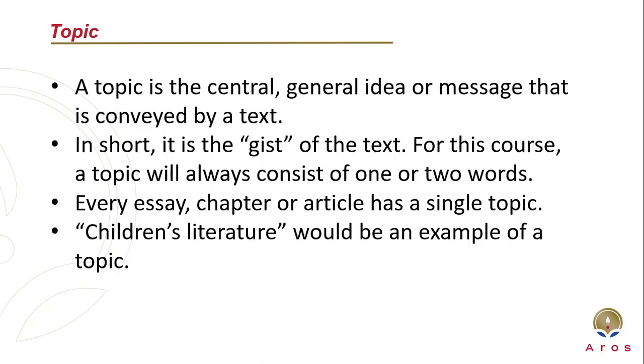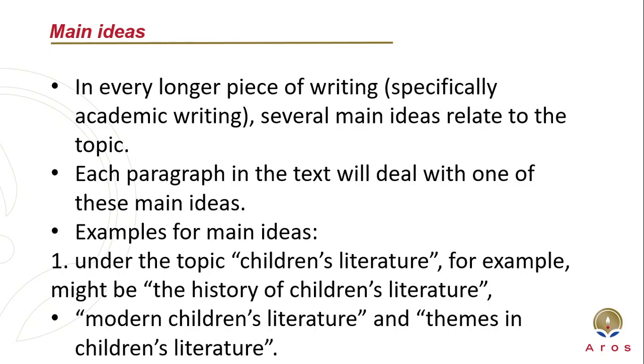Now you'll see in my discussion for these slides, I've chosen the topic children's literature. See the use of the inverted commas there, as I said in the previous video. And when I plan for this, I will go onto further detail into what I understand as children's literature to be. Okay, following your topic, and this is a part of your planning process, is your main ideas.